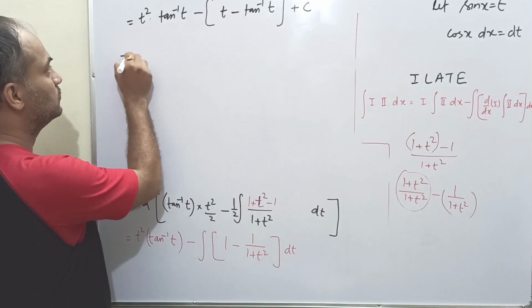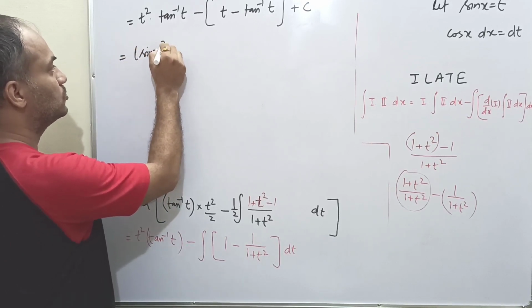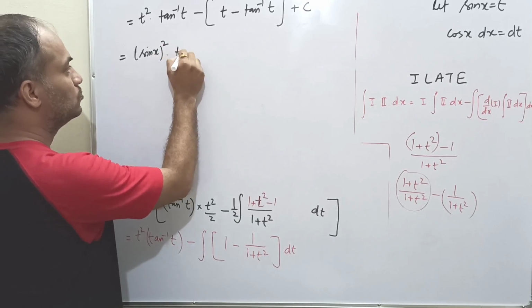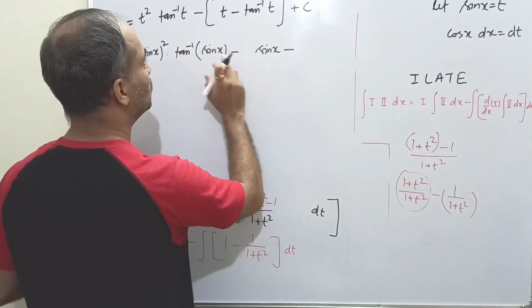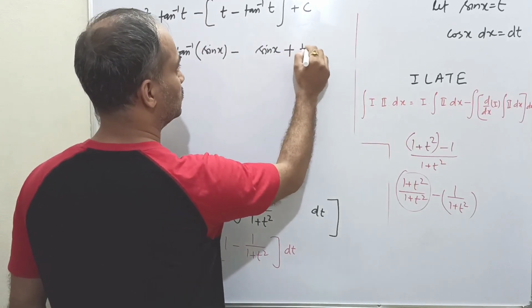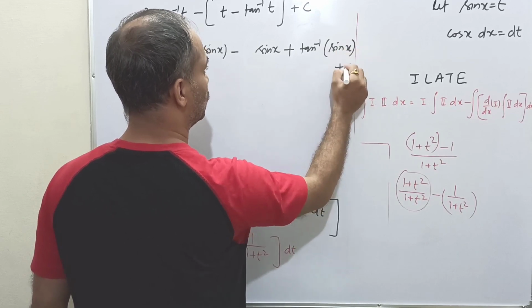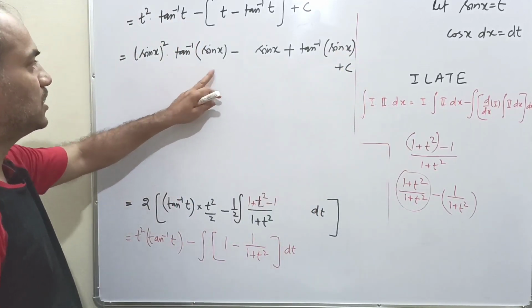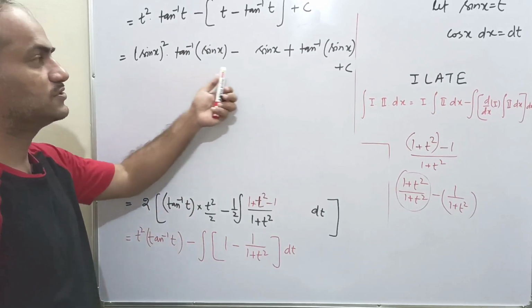So t was sin x, so we get (sin x) whole square into tan inverse sin x minus sin x plus tan inverse sin x plus some constant c. Is there any cancellation? No, there is no cancellation, so this is your answer.